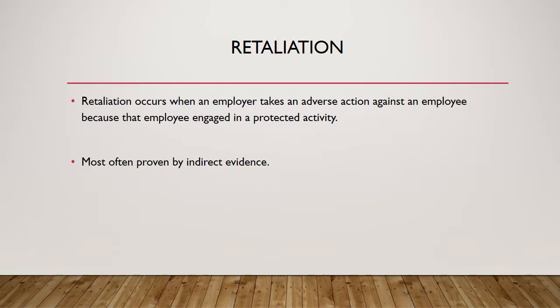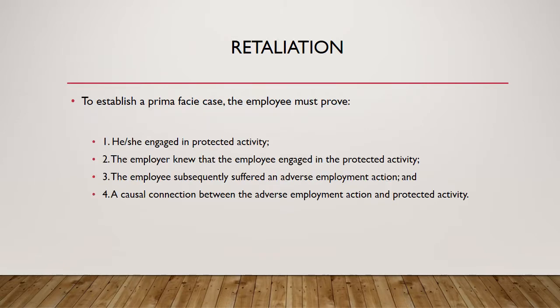So when does retaliation occur? Retaliation is when an employer takes an adverse action against an employee because that employee engaged in protected activity. To establish a prima facie case, the employee has to show these 4 things. They have to show that he or she engaged in protected activity.